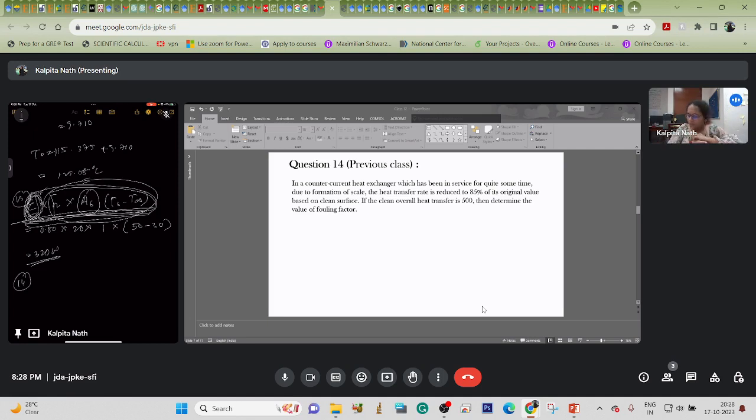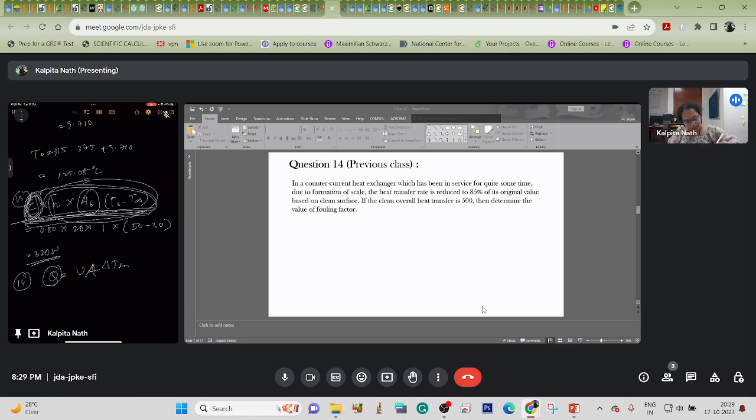So that is the total resistance. Now if we find the ratio of Q, the initial Q, if we consider it as Q, is reduced by 0.85. See, Q equals U A delta T ln.